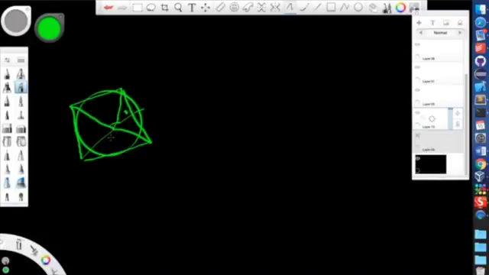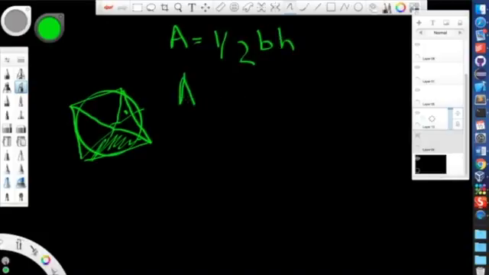And let's find out the area of one of these triangles, this one here. We know that the area of a triangle equals 1/2 base times height. So the area of this triangle here, just the one, would be 1/2 base. Well, the radius is 1, so the base would be 1 plus 1.